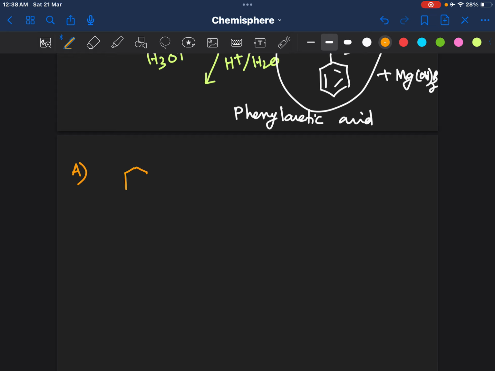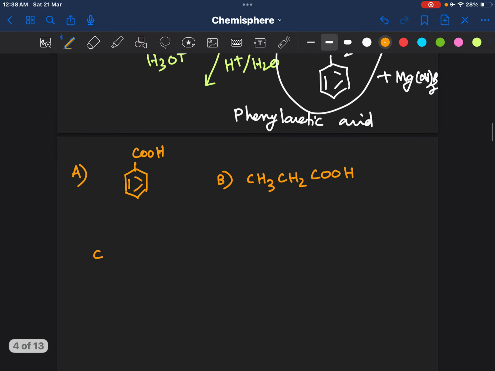A is benzoic acid, B is propanoic acid, C is HCOOH and D is phenyl acetic acid, CH2COOH.